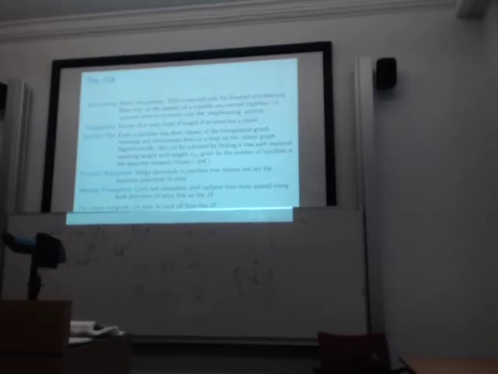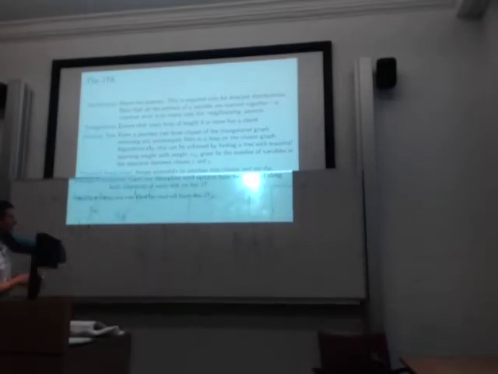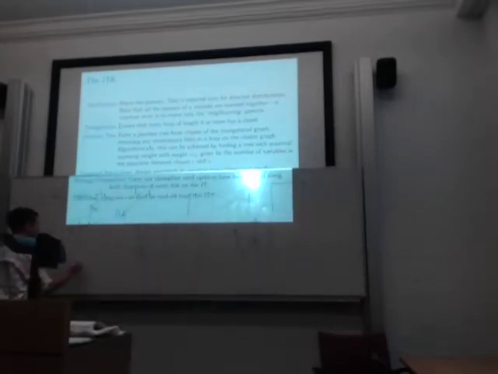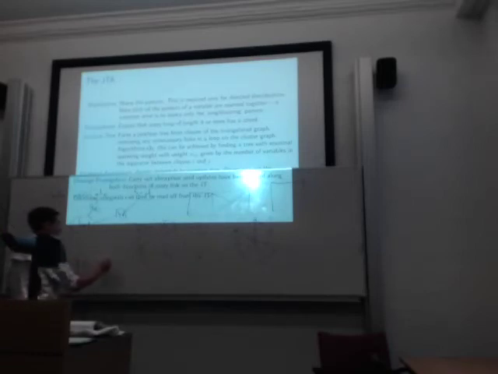So how does it work? First of all, if it's a belief network, you've got to moralize it. You've got to compile it first into a Markov graph. So if you started out with a belief network, you need to compile it to a Markov network. That's the first stage.